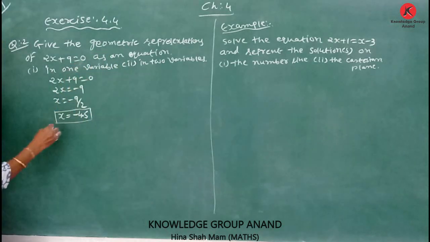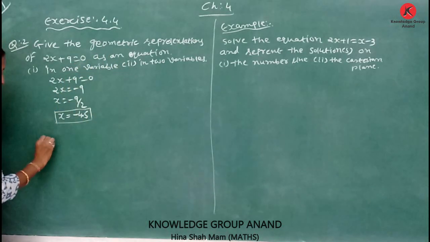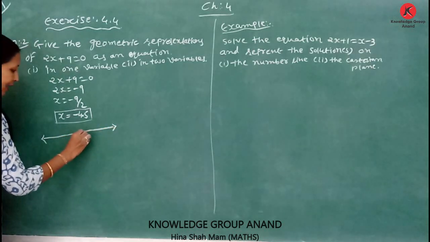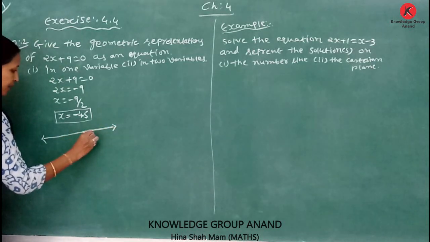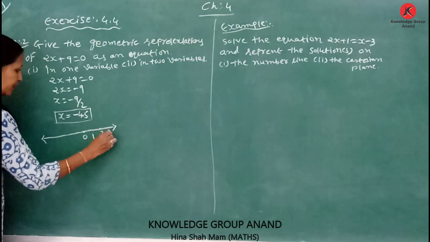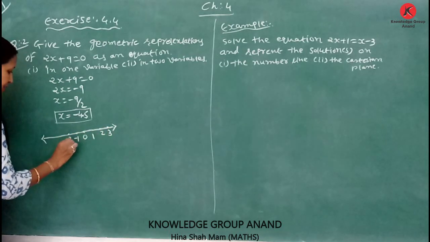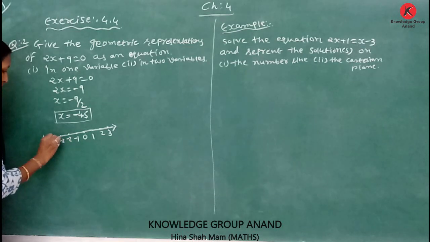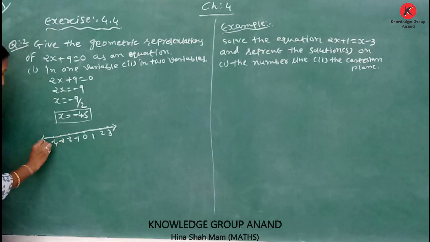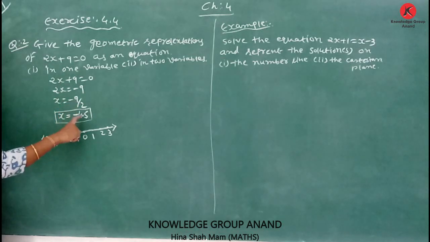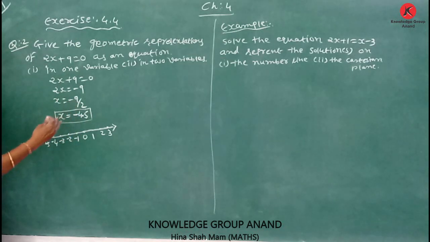In one variable, we draw the number line. Here I write 0, 1, 2, 3, and here minus 1, minus 2, minus 3, minus 4, minus 5. Where is minus 9 by 2? Minus 4.5, between minus 4 and minus 5.